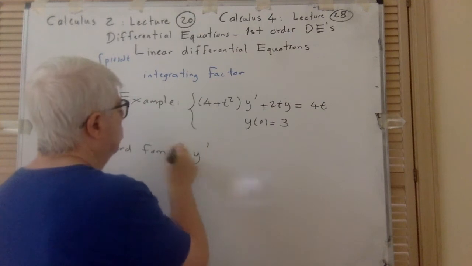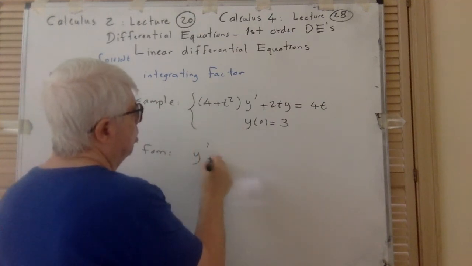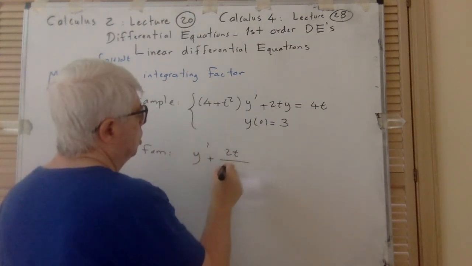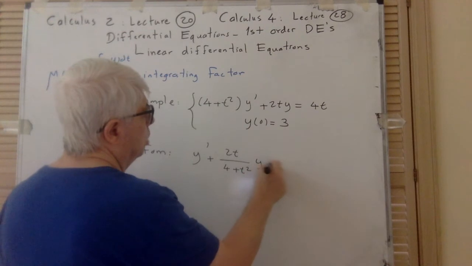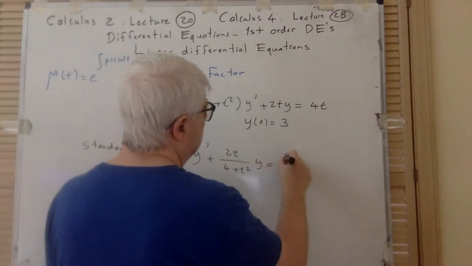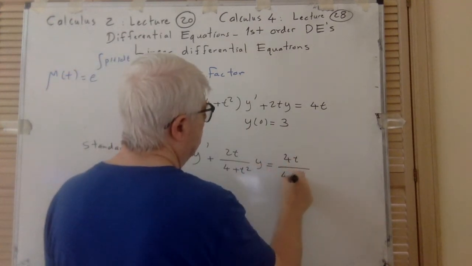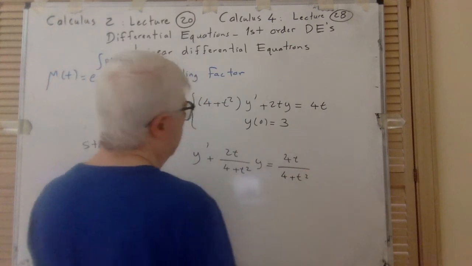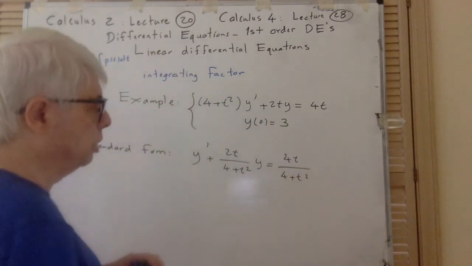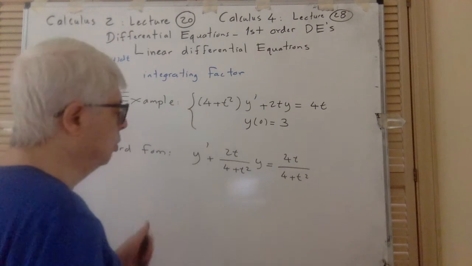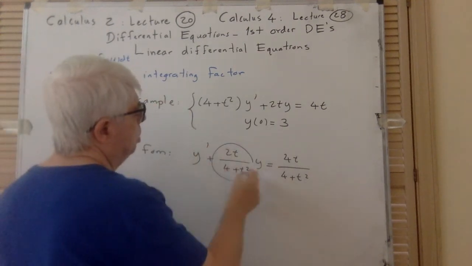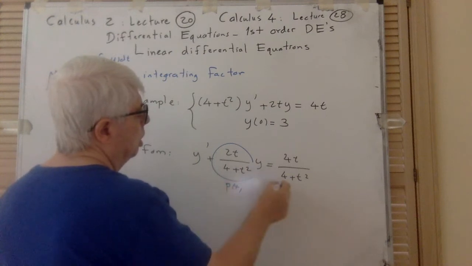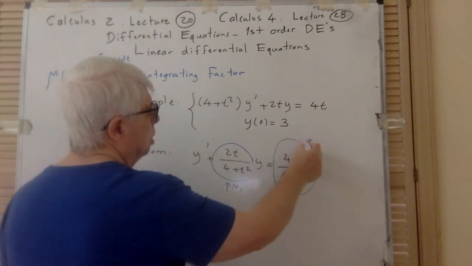The standard form is y prime plus 2t over 4 plus t squared times y, and on this side I have 4t over 4 plus t squared. Okay, so that is standard form. In this standard form, if I go back to my equation, this is the p t, right? And this is the q t.